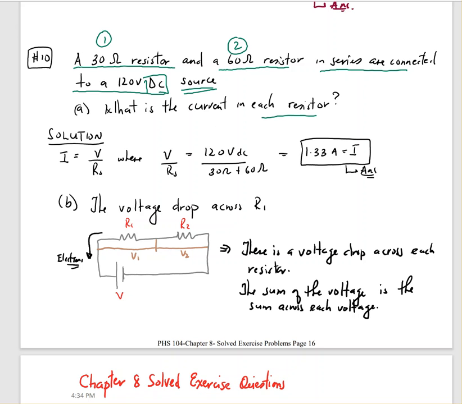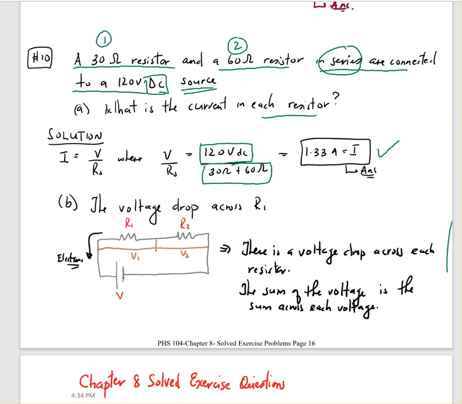The key is that since they are in series, we have to add them up to get the total resistance throughout the whole circuitry. So you take your voltage and divide that by the total resistance, which is 30 plus 60, and you get 1.33 amps.